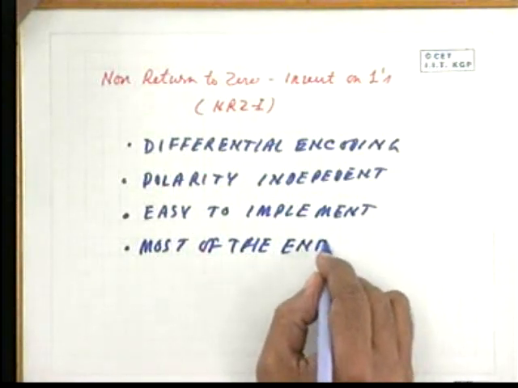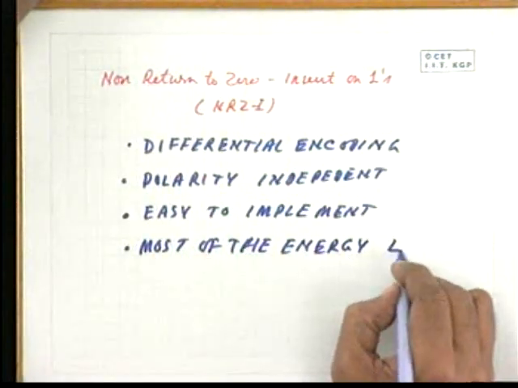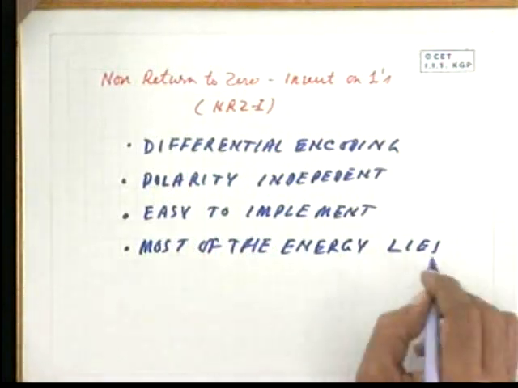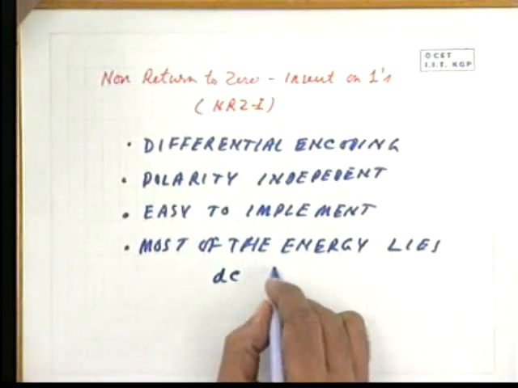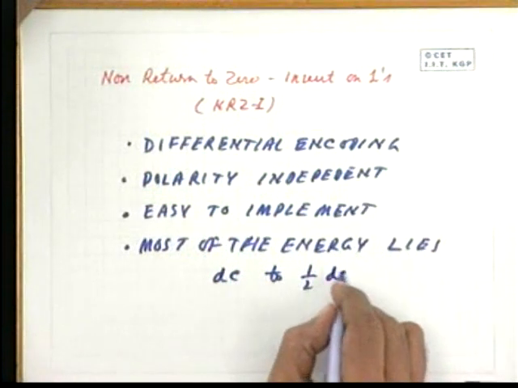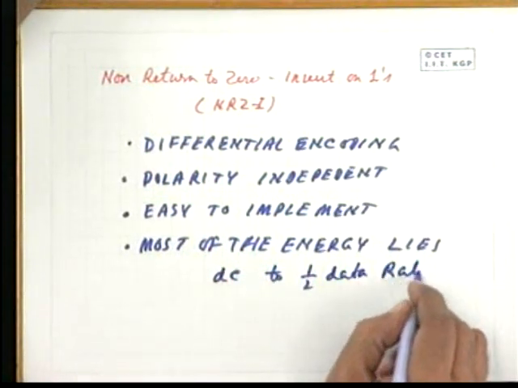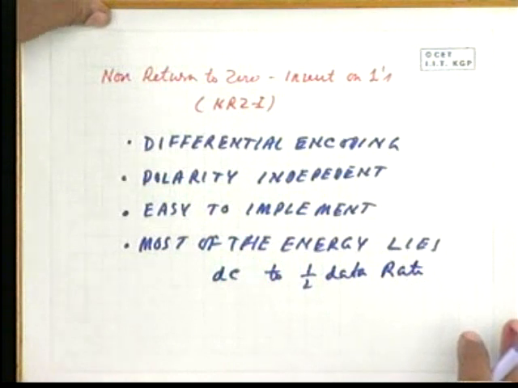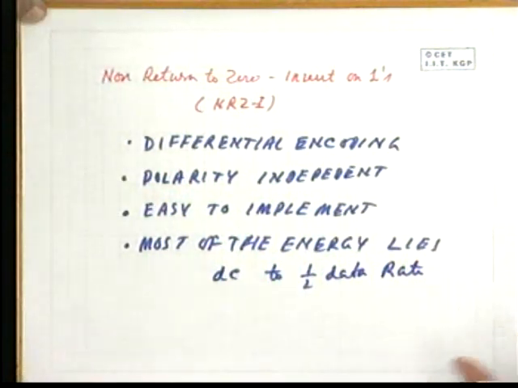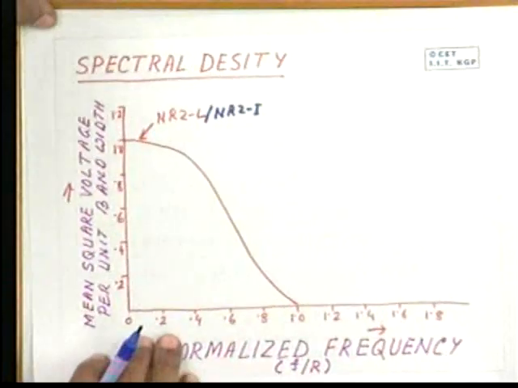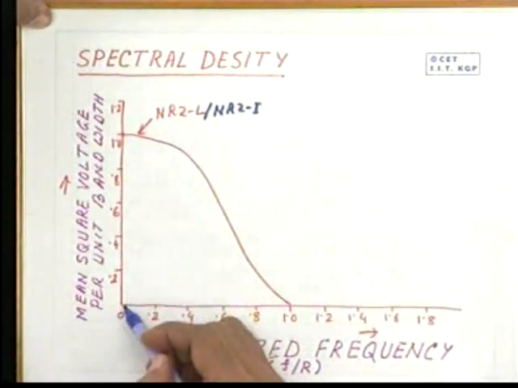And so far as the energy is concerned, most of the energy lies in the range of DC to half data rate, same as the NRZ-L that you have already seen. In both the cases, one important limitation is there is a DC component.